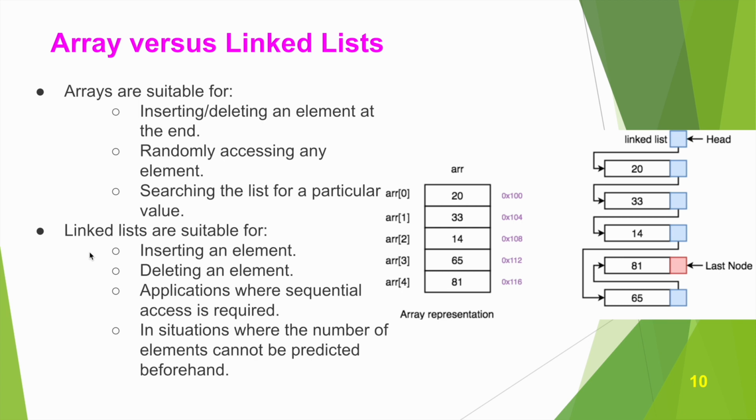As I said, inserting and deleting are much more efficient than in an array. So applications where sequential access is required, or situations where you do not know the number of elements in the list beforehand, so we will keep on adding items in the linked list whenever we want to. These are some advantages of linked lists.